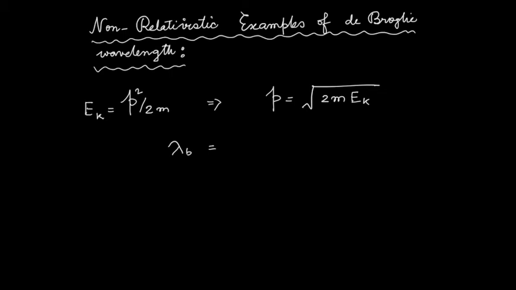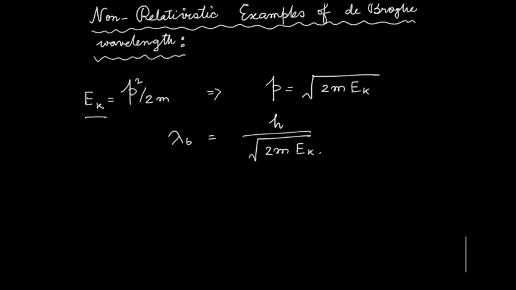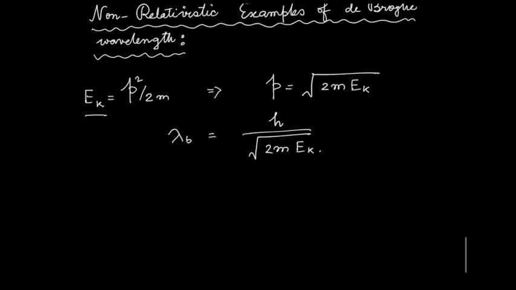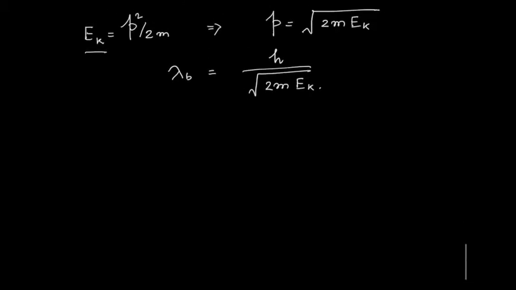So you can say directly that the de Broglie wavelength of a particle which has kinetic energy Ek is h by root 2m Ek. Okay, so let's consider examples. If we put in the kinetic energy, we should be able to figure out what lambda b is.